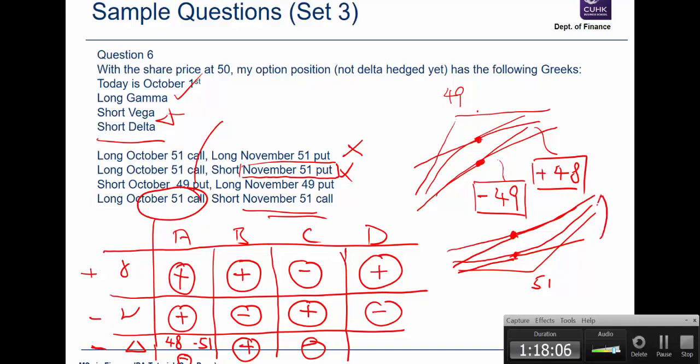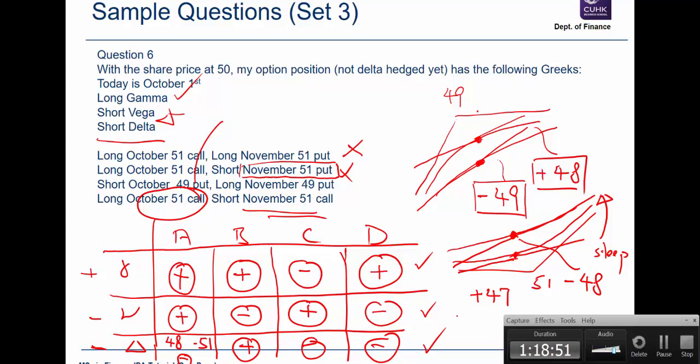So from here to here, it's actually steepening. So if you are long this option at the bottom, your delta may be something like, let's say, plus, I don't know, 47, whereas the delta here may be 48, but you are short this one, so you'll be minus. So in the end you are short delta. So the last choice is the only one that matches: long gamma, short vega, short delta.